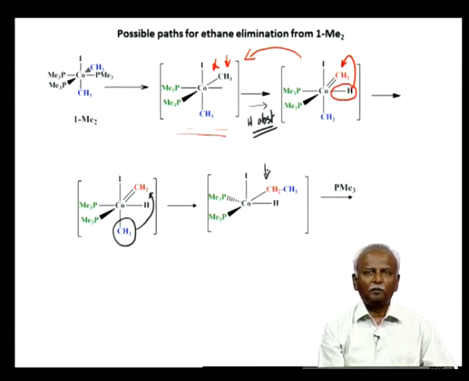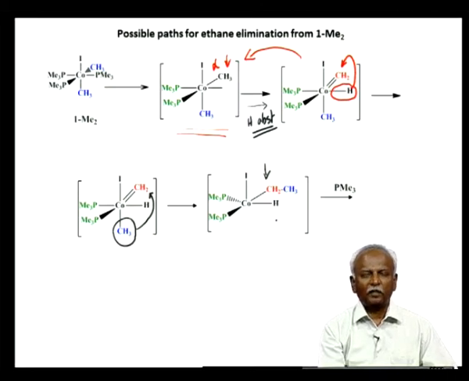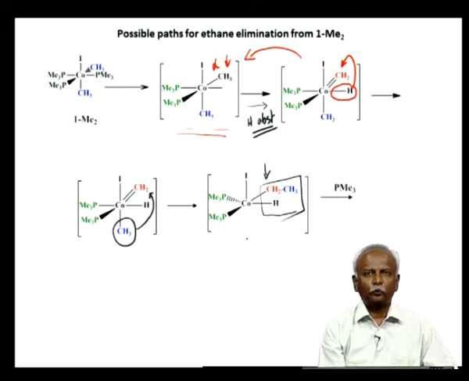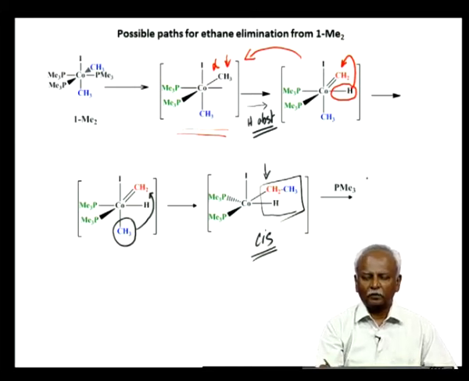If you now eliminate ethane, you can very easily generate CH3CH2H by eliminating these 2 units together. Both of them are cis related, and it can have a reductive elimination to give CH3CH2H.